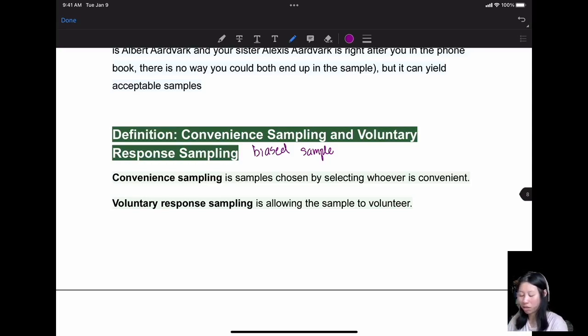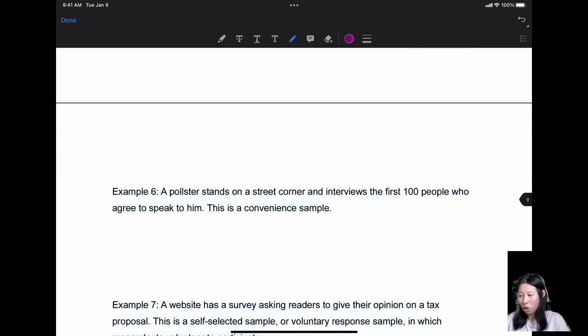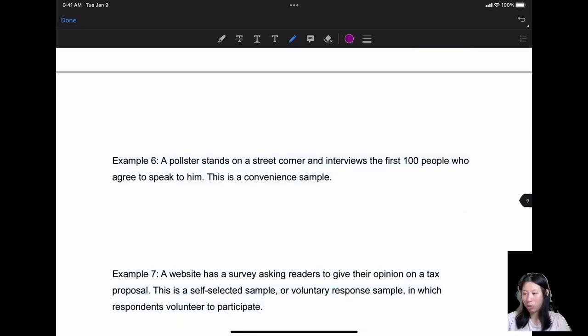So, for example, a pollster stands on the street corner and interviews the first 100 people who agree to speak to him. This is a convenience sample. Because if you think about it, people willing to speak to him may have stronger political views than the other people who are not speaking to him.